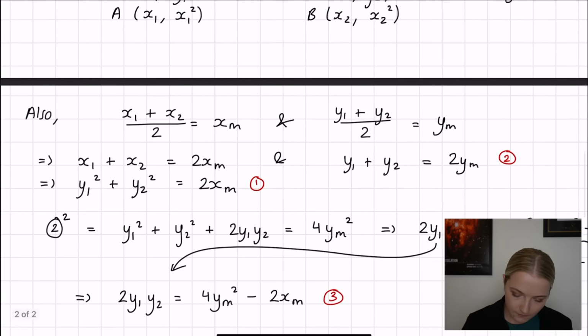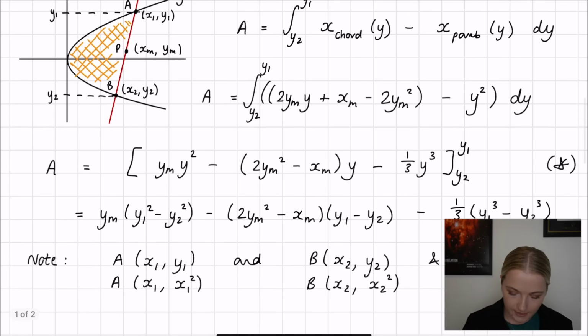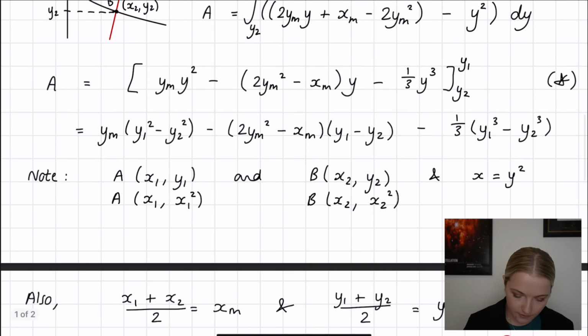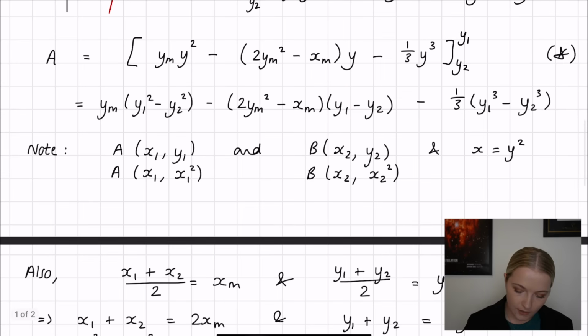Now, what you might notice is we're going to need to find some sort of expression for y1 minus y2. So let's try with y1 minus y2, and then we'll move on to y1 squared and y1 cubed and such.